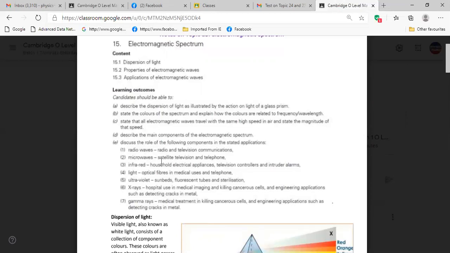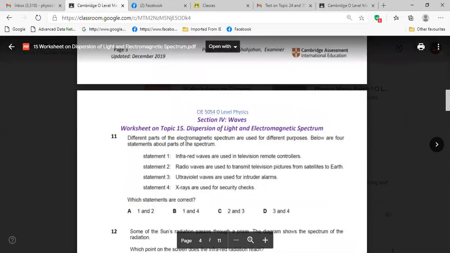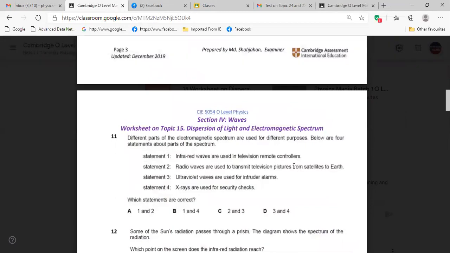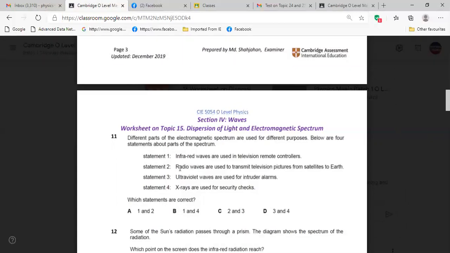In microwaves, it's written satellite television and telephone, right? Yes, sir. So if it is mentioning satellite television, that one is related to microwaves, right? Yes, sir. That's why we are not taking it. They are saying transmit television pictures from satellite to Earth. It should be microwaves.